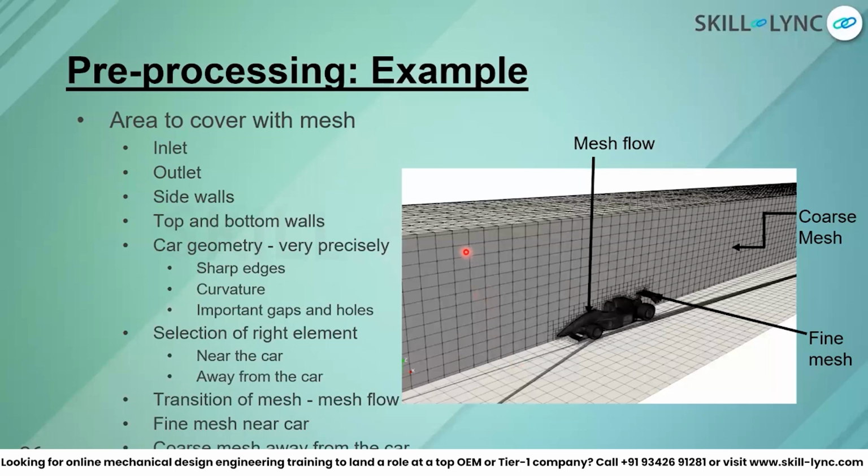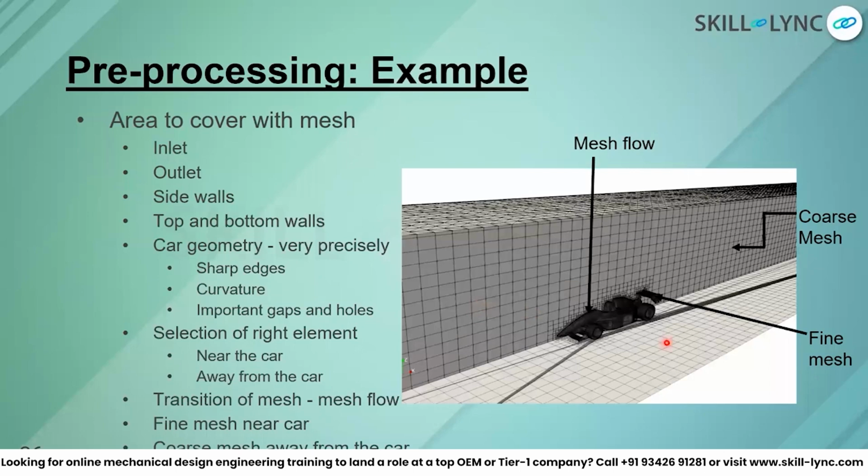For example, at the places where you see the connections of these squares or rectangles, at the nodes, the solver is going to solve. The possibility is that between node A and node B there will be a physics change. In this area the physics is not changing drastically, but near the car it is. That's the reason you need fine meshing to capture the flow physics precisely near the body.